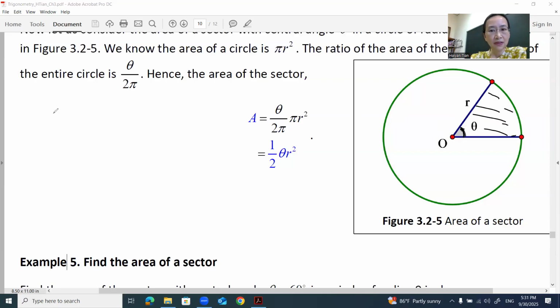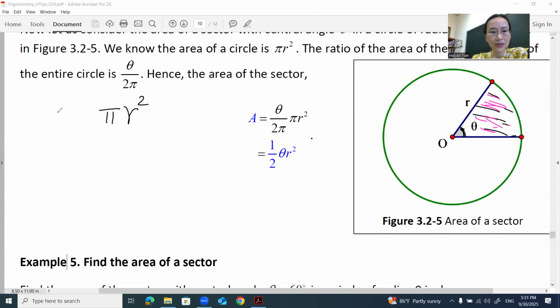So let's think of the entire circle. For the entire circle, we know the area formula. It's simply pi r squared. But this sector in pink is only a portion of the entire area.